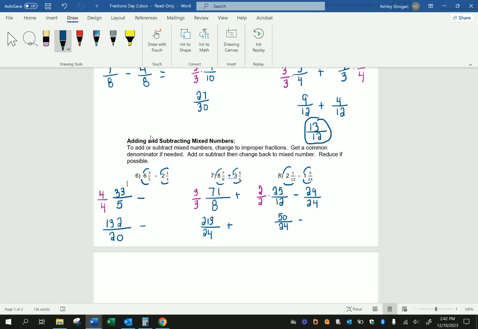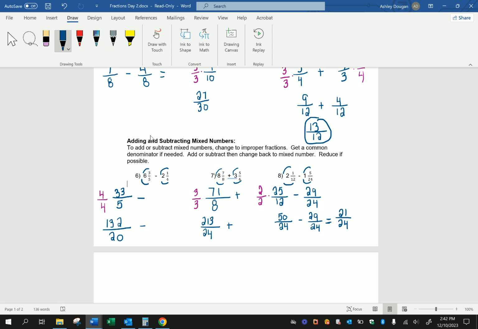It's already a 24, so I just keep it the same. I don't have to do anything with that. Sometimes people say multiply by 1, and that's fine because it doesn't change the value at all. And I want to subtract, and I get 50 minus 29, and so that's 21 over 24. So I get 21 over 24.